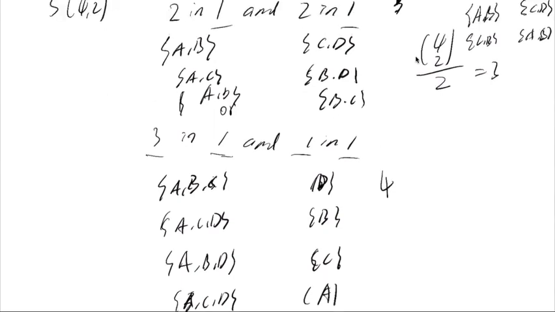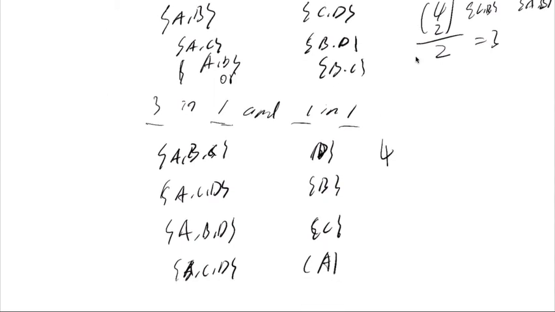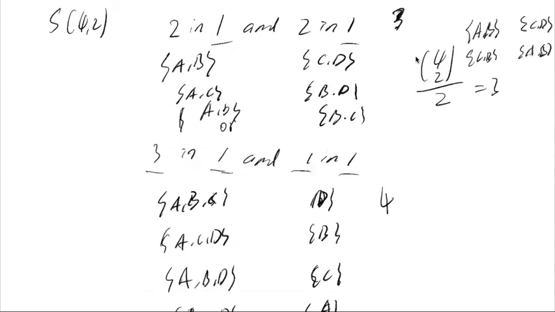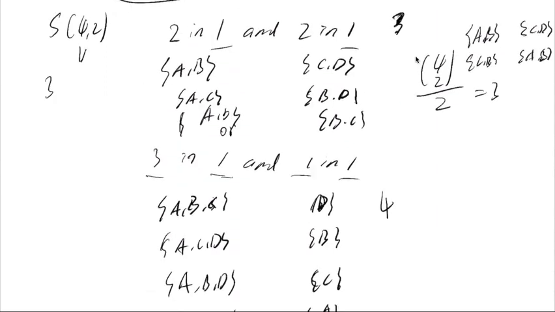The idea is basically just to get rid of one person from that one box. So there are 4 ways to get rid of one person. So in total, S(4, 2) is equal to 3 plus 4, which is 7.